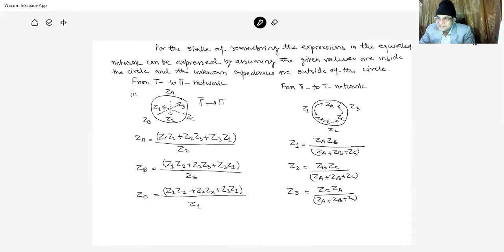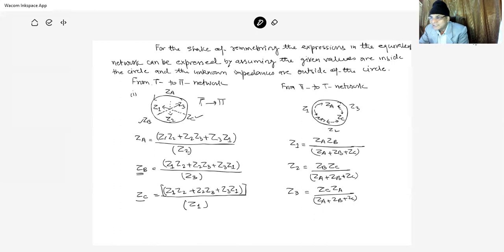You see this cyclic order: for ZA, in front of ZA there is a Z2, so it is divided by Z2 with the pair multiplication. Similarly for ZB, in front of ZB there is Z3, so it is divided by Z3, and the remaining part is the same. For ZC, in front of ZC there is a Z1, so it is divided by Z1, and this factor is the same as in the above case. So if the T network is given, we can draw the pi network.